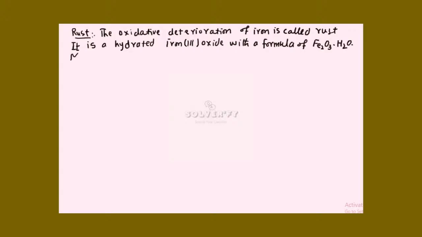Mechanism of formation of rust is as follows. In the formation of rust, iron oxidizes to Fe2+, releasing 2 electrons. So here is the oxidation.